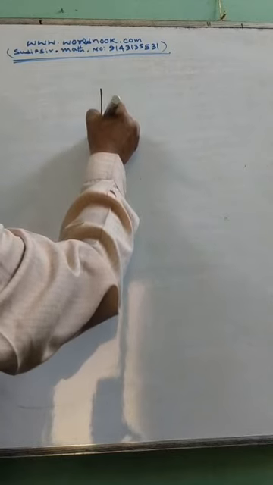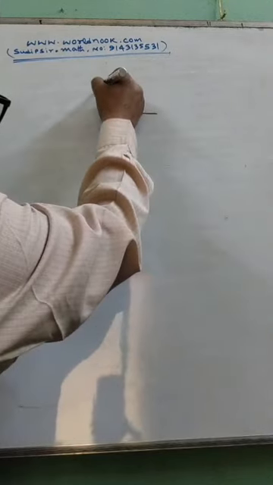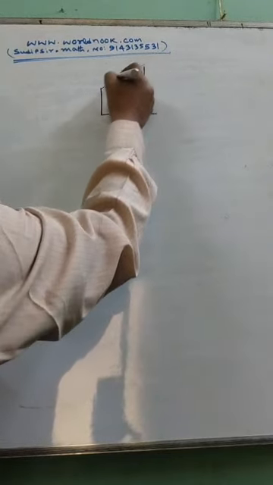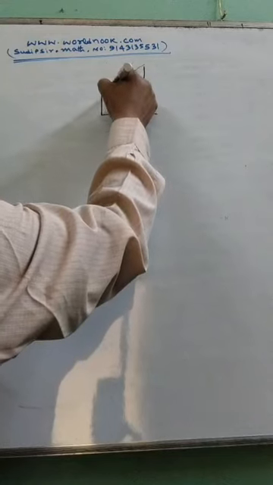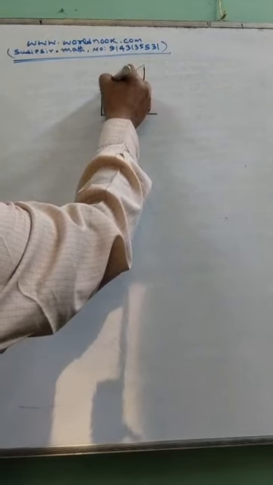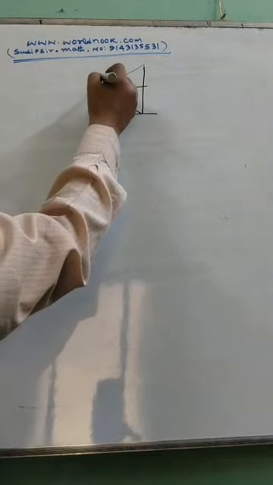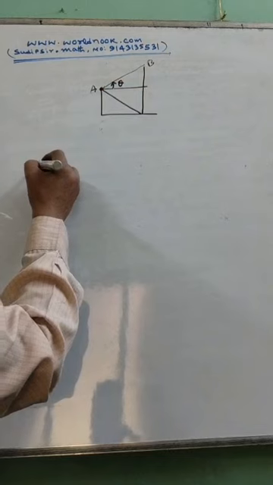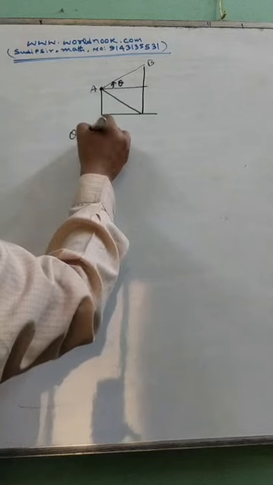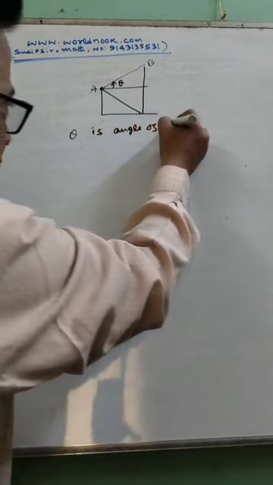Suppose someone is watching from this point. This is called the angle of elevation and this is called the angle of depression. If this is theta, watching from A to B, that theta is the angle of elevation.